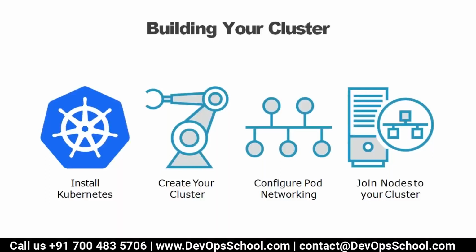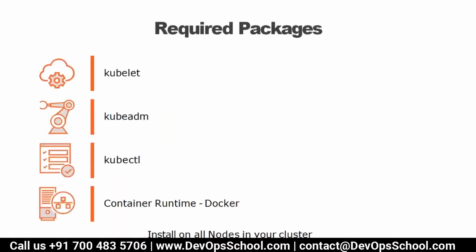Let me tell you, this is the manual approach I'm talking about. In EKS we will not do any of these things. The required packages are kubelet, kubeadm, kubectl, and Docker. Now, kubelet, you understand where it will be, right?